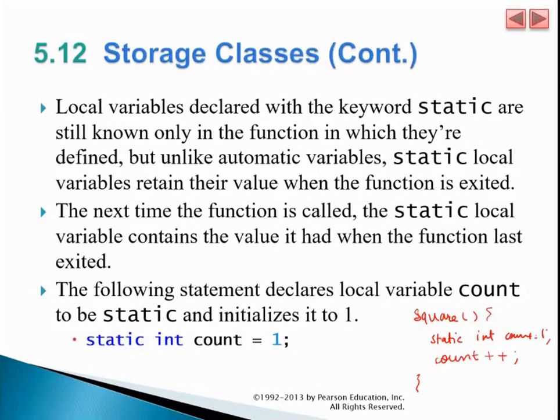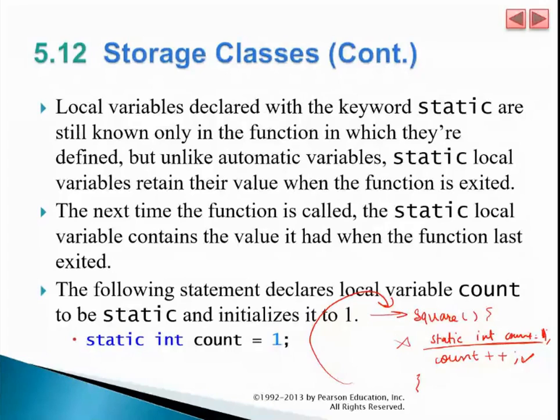When we call this function for the first time, the value becomes 1, and then we increase it, so the value becomes 2. Next time when we enter this function, we will not initialize this value; the initialization part is over. We will now just increment the value by 1, so the value becomes 3, 4, and so on. But if it is an automatic local variable, then each time the value will get initialized to 1. So this is the difference between static local and automatic local.